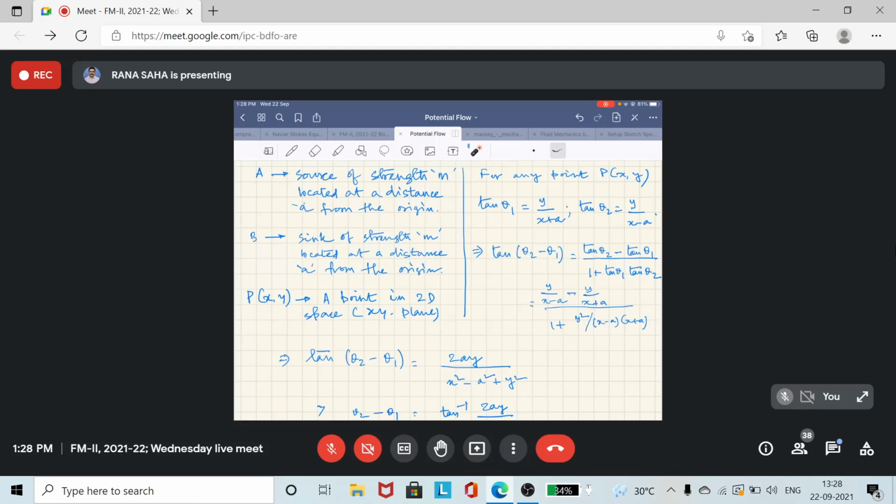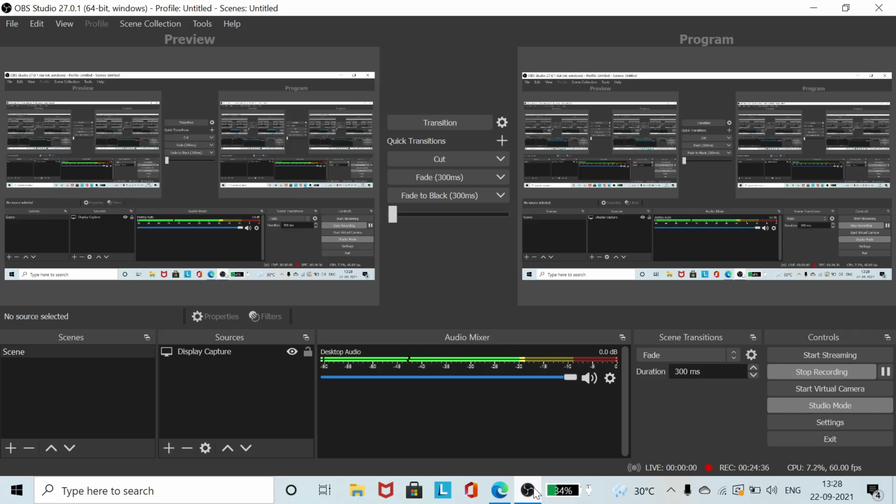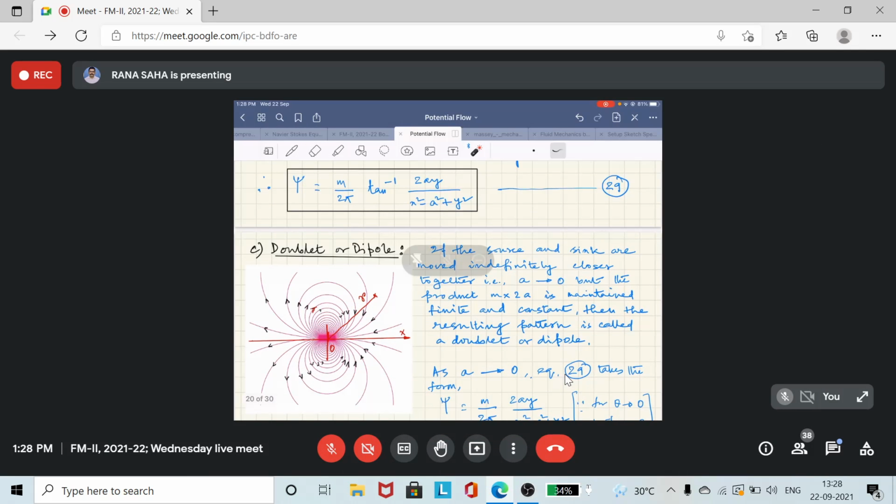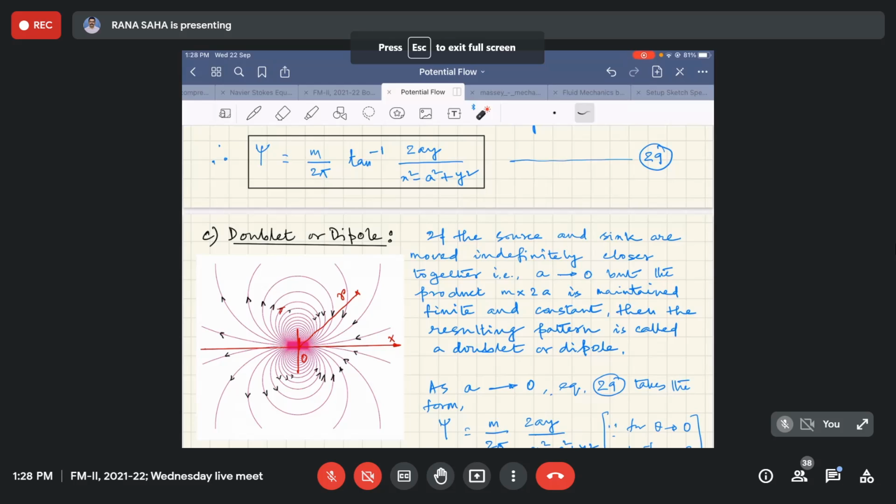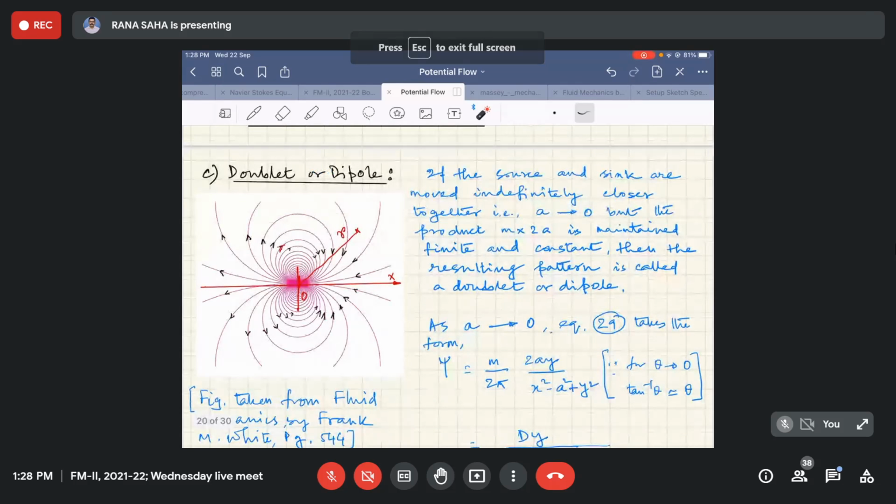So the way this pressure evaluation works after these two combinations, source and sink, and dipole. This dipole or doublet is another mathematical concept.